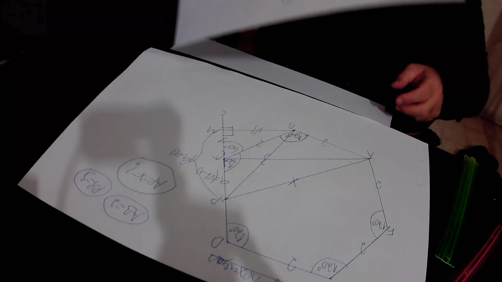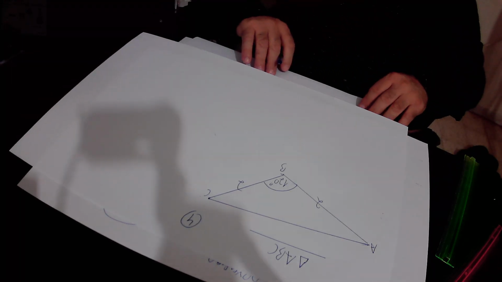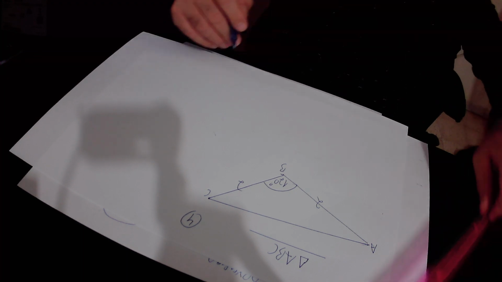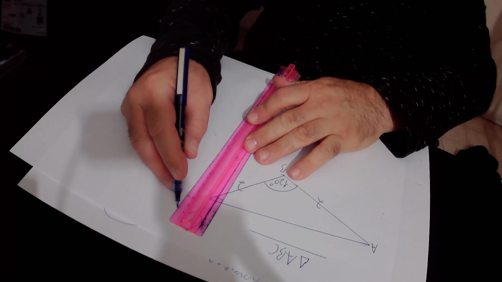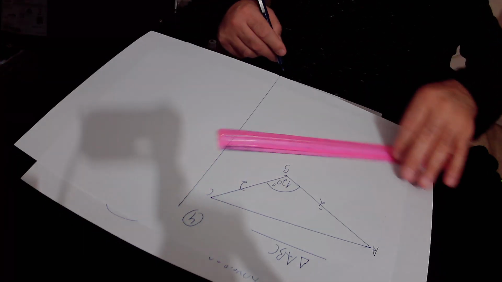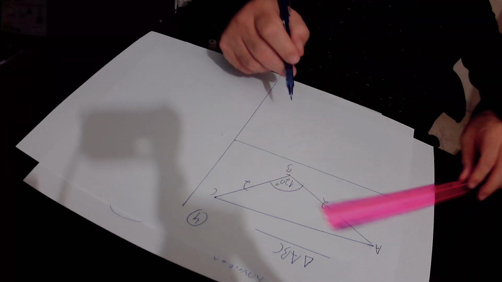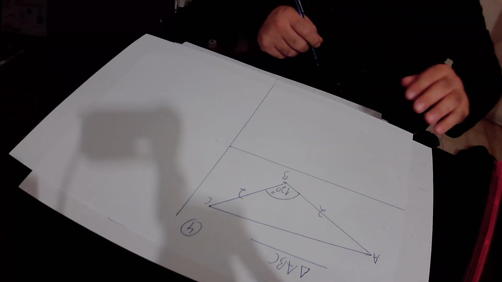This is the triangle ABC that I copied from the original drawing. So we implement the law of cosines in order to find the length of side AC.